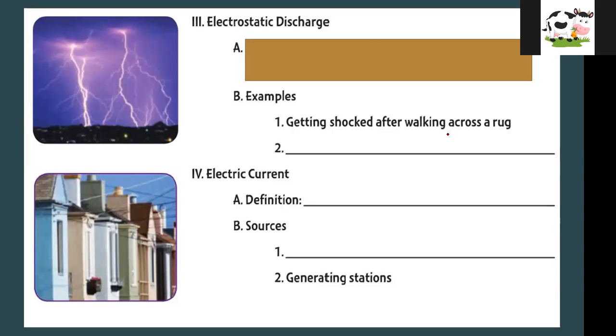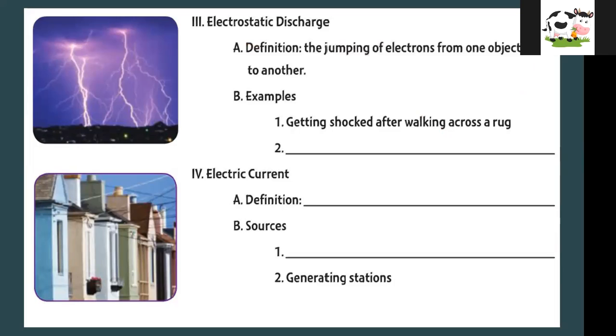When something loses its electrons and gives it to another item. Okay, close enough. Something like that. Yeah, the jumping of electrons. Good. So the first example given there is you're getting shocked when you're walking across a rug, right? Like rubbing your feet. What's another example we saw?